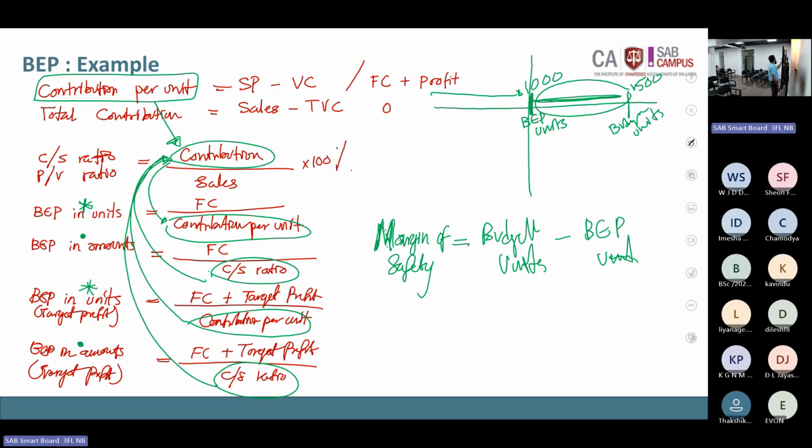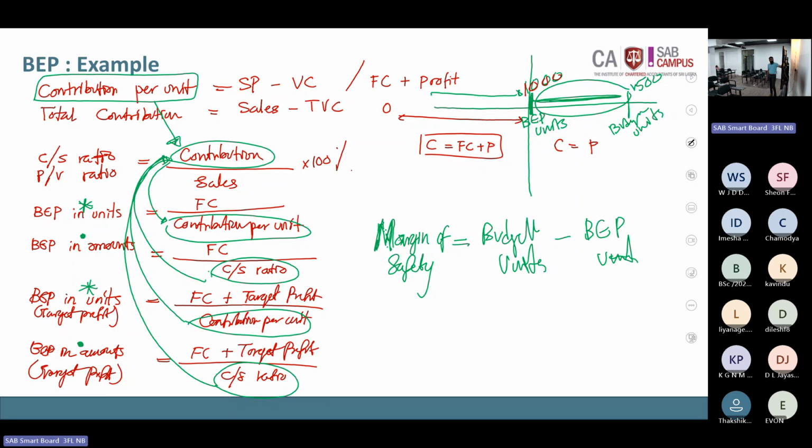From 0 units to 1000 units, if we calculate the contribution, then there is fixed cost and profit. But from this point onwards, we don't have fixed cost within our contribution, because we have already covered all the fixed and variable costs up to this point. Within the contribution, it is only profit.